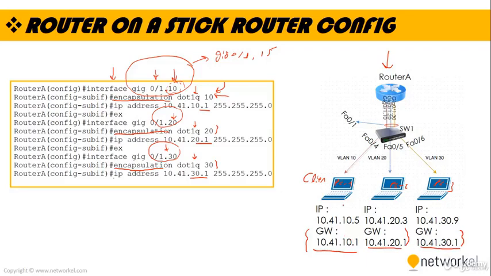For example, if PC1 wants to communicate with PC2, since they have different network IDs, the packet will be forwarded to the default gateway, which is 10.1.10.1, this sub-interface, then forwarded to the Gig0/1.20 sub-interface, and the packet will come to PC2.